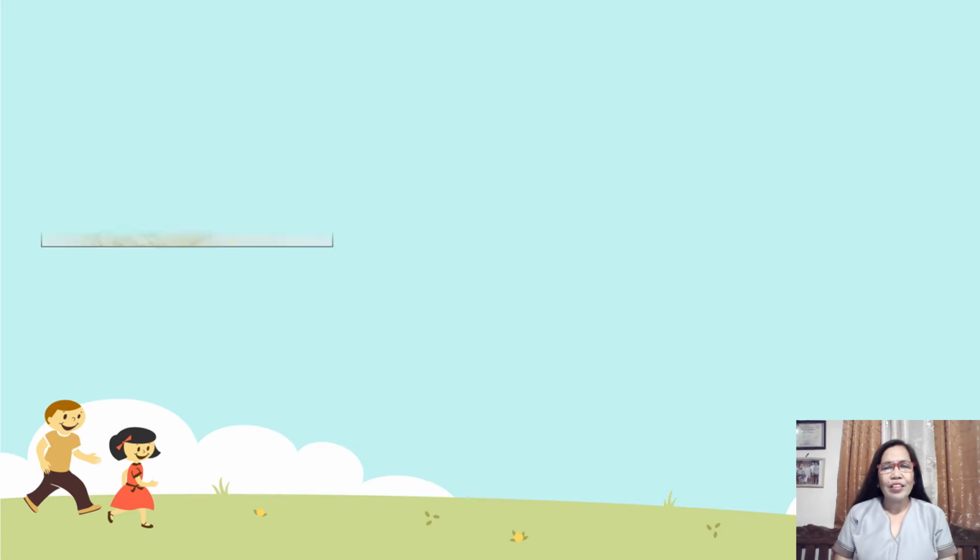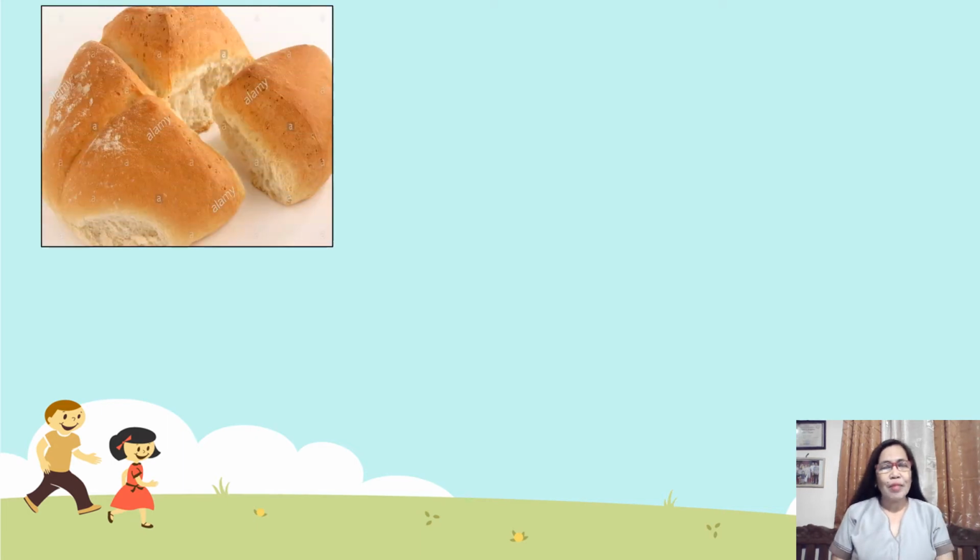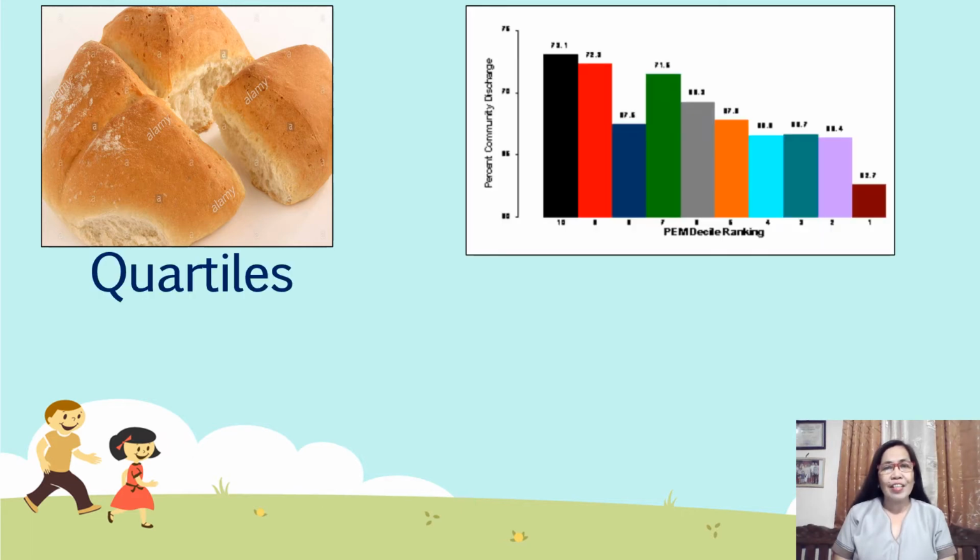Okay, so let us begin with this. So these are some practical examples of the measures of position. So you see here a bread divided into 4 equal parts, which is quartiles. Then we have here a graph that is divided or shown into 10 sectors, and that is deciles.